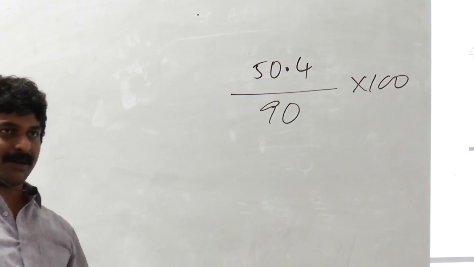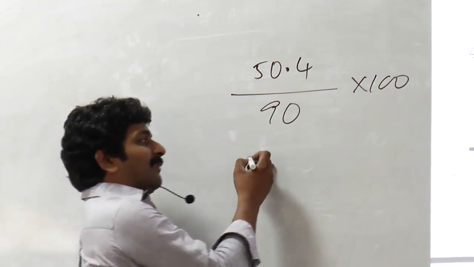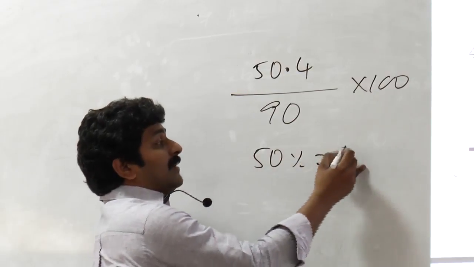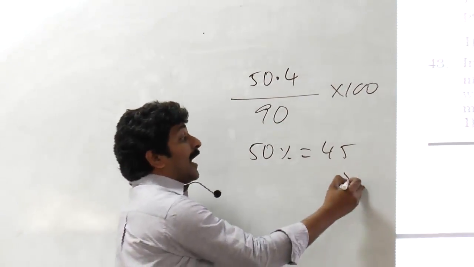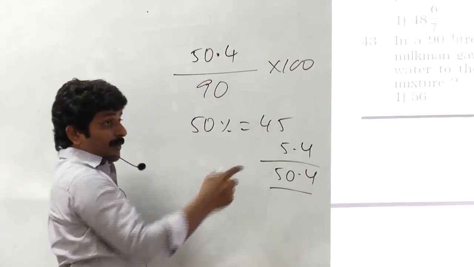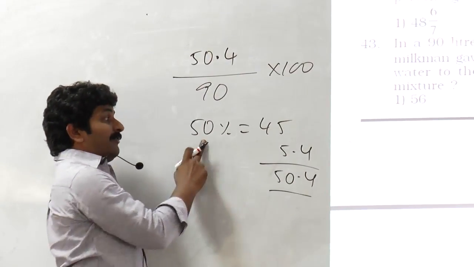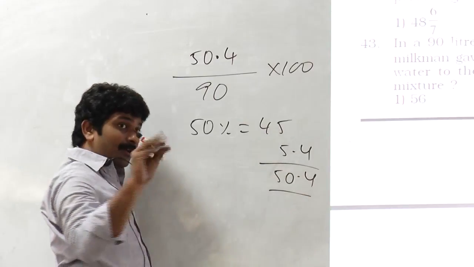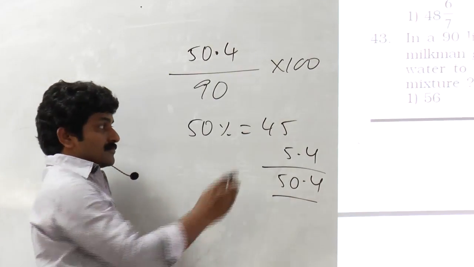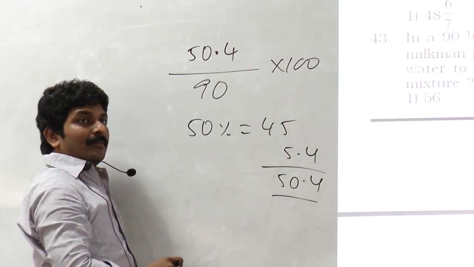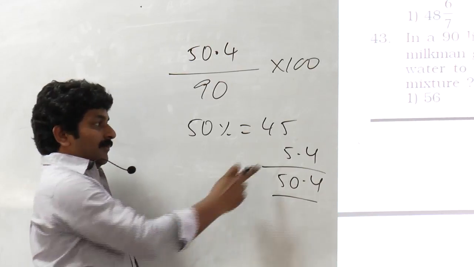And you're asked about percentage. What is 50% of denominator? 45. You still need to add 5.4 to make it 50.4. Yes or no? Because our numerator is this much. If 50% is 45, what about 5%? 4.5. This is more than that.